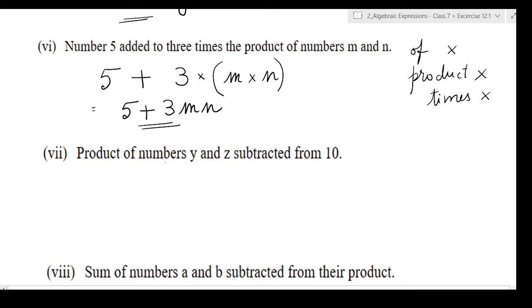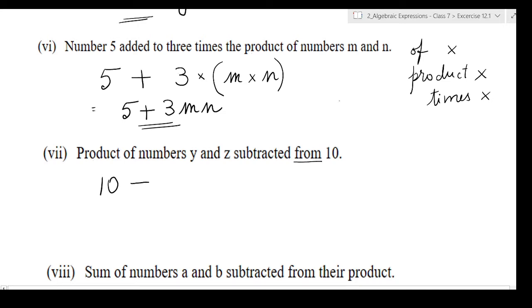Product of numbers y and z subtracted from 10. The word from is there. So whenever the word from comes, whatever next variable is written has to come first. So you are subtracting this from 10. So it is 10 minus what?